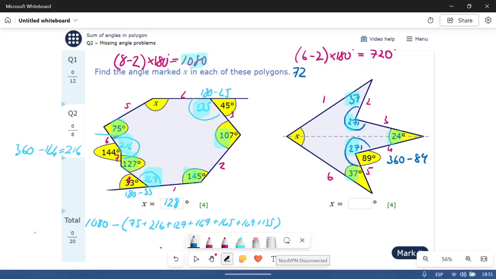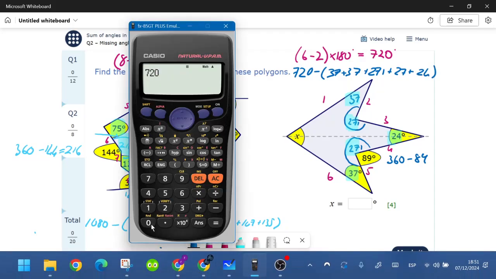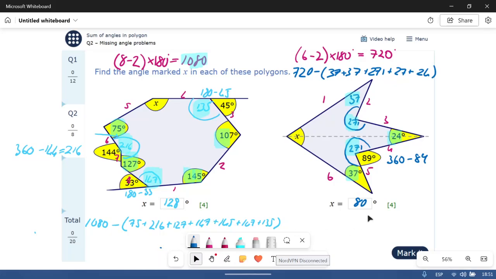So this will be 720 minus the 37 twice, the 271 twice, and then the 24. And I get 80 degrees, which again looks like a good, reasonable answer.